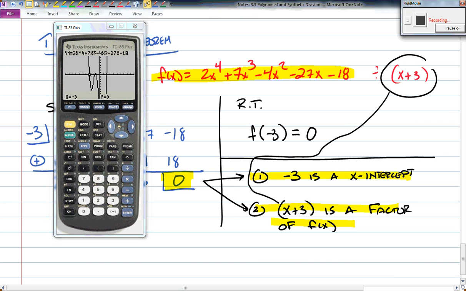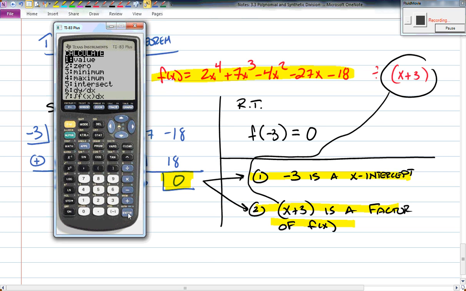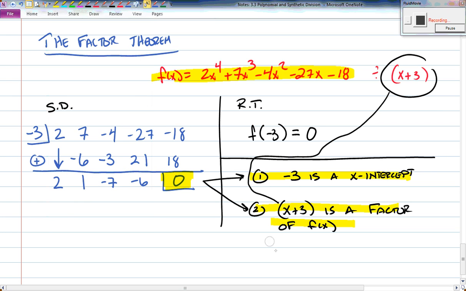Okay, so you guys did some investigating. When you checked, what did you check? -1.5. Yep, that gives you a 0. What else did you find? Let me write that down.